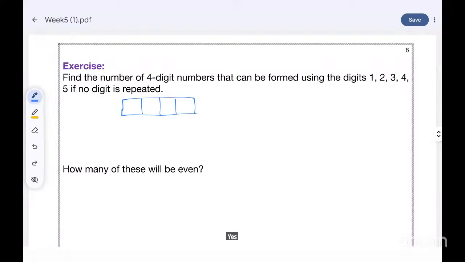Yes, 5 into 4 into 3 into 2, which is 120. Okay, so we have 5, 4, 3, 2.